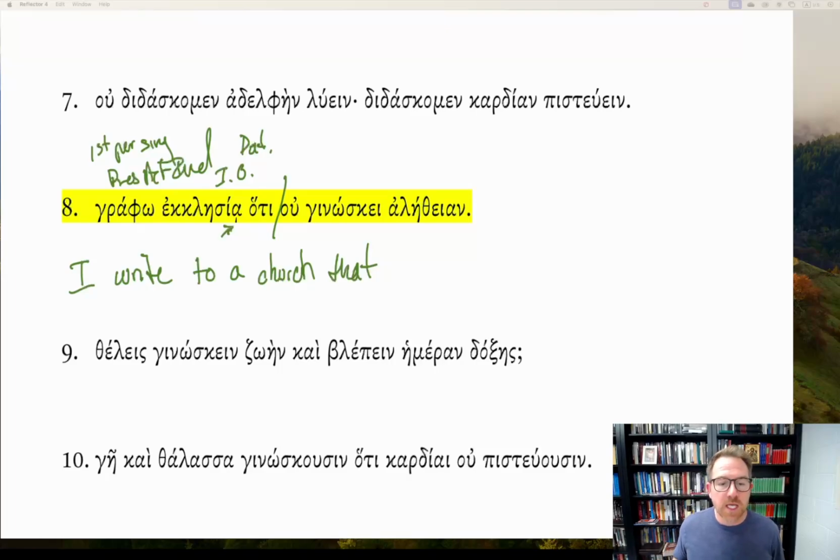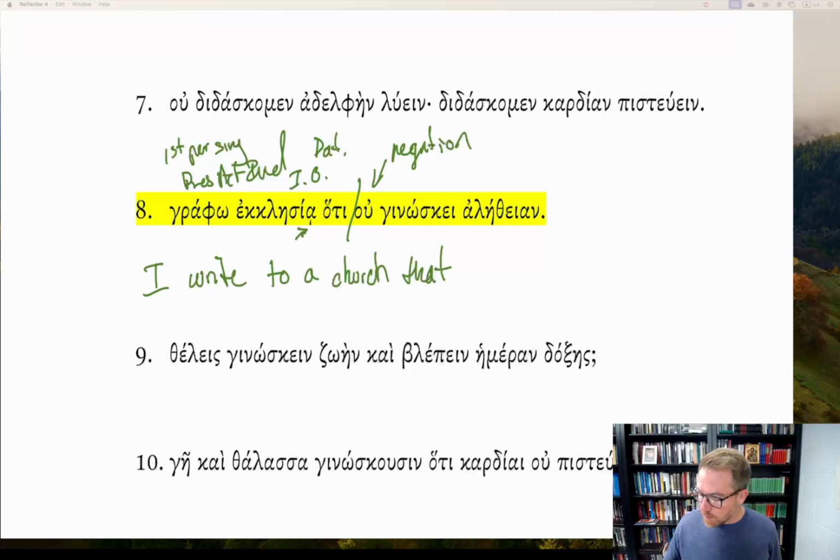Ouk ginoskei aletheian. Ouk ginoskei aletheian. Ouk is the negation of the present tense. So the verb ginoskei is from ginosko, I know.